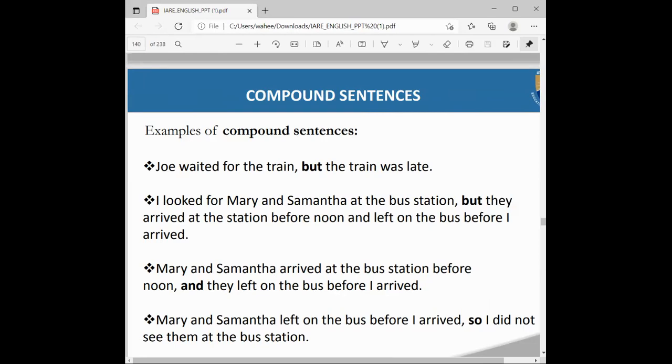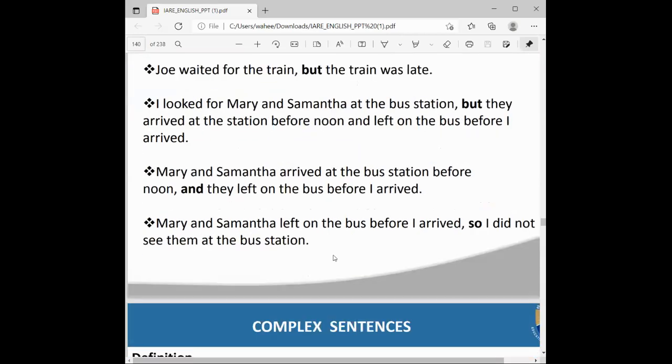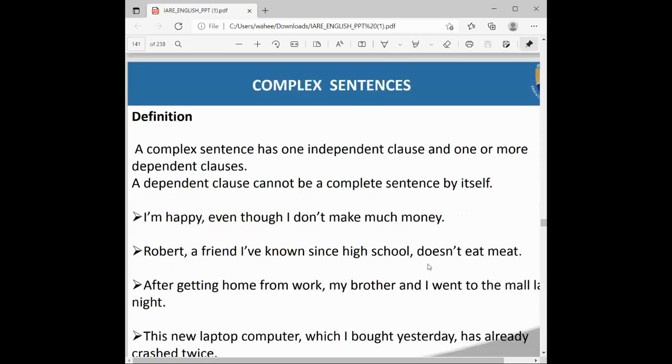Mary and Samantha arrived at the bus station before noon and they left on the bus before I arrived. Mary and Samantha left on the bus before I arrived, so I did not see them at the bus station.